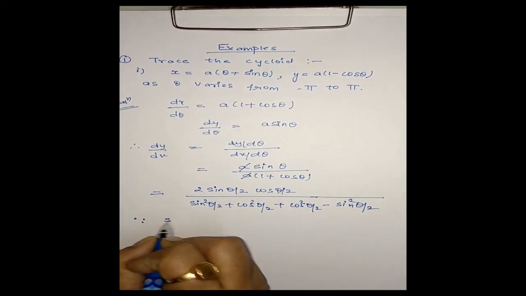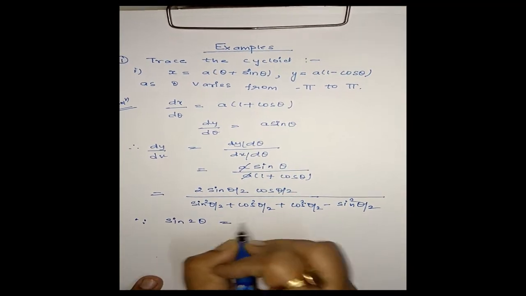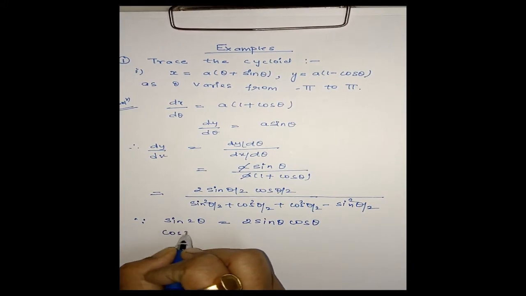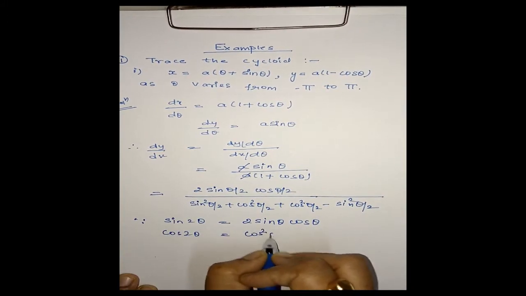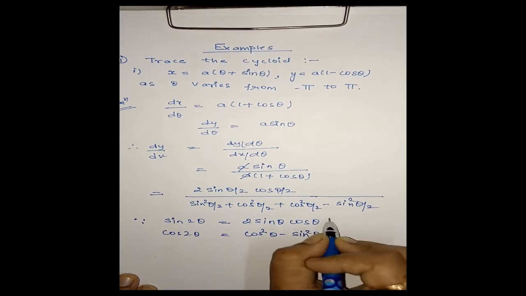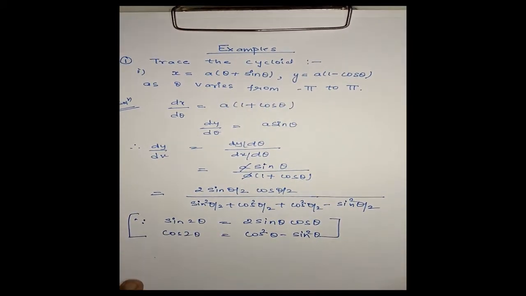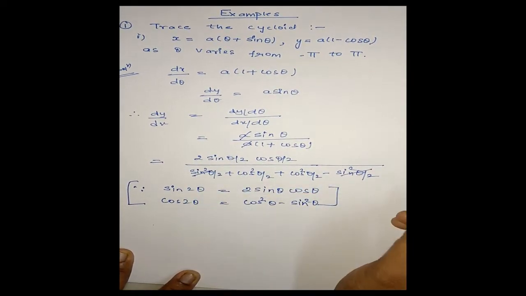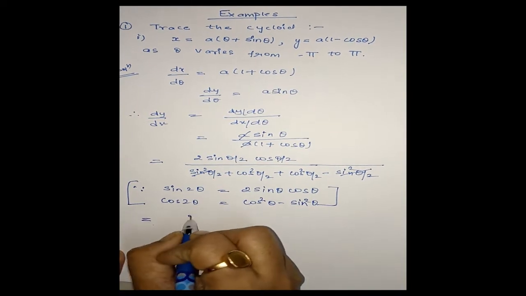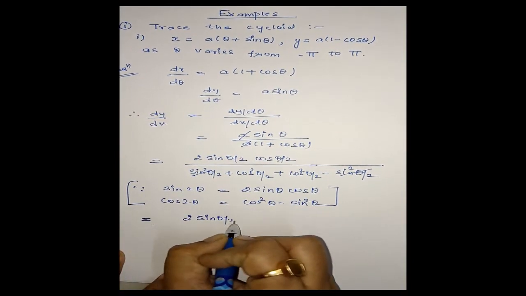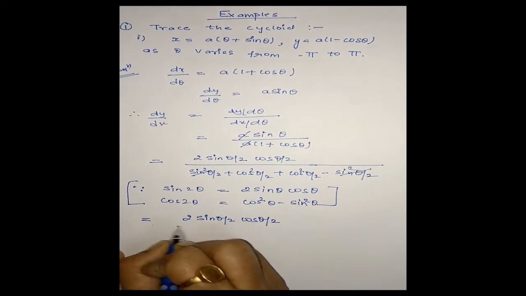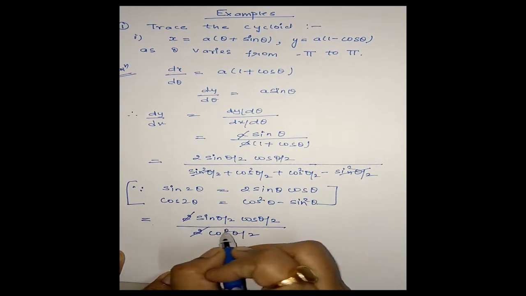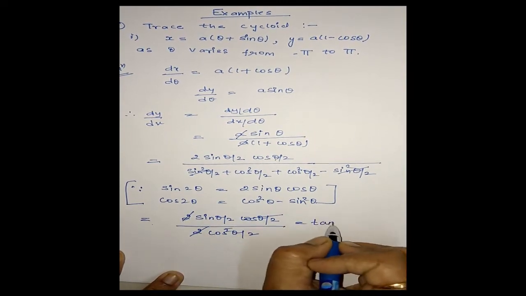Since sin 2 theta is equal to 2 sin theta cos theta and cos 2 theta is cos^2 theta minus sin^2 theta, we have these two trigonometric identities. Now here sin^2(theta/2) will get cancelled out. This is 2 sin(theta/2) cos(theta/2) divided by 2 cos^2(theta/2), that is tan(theta/2).